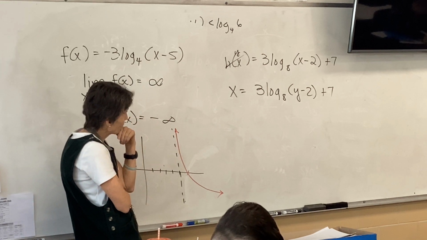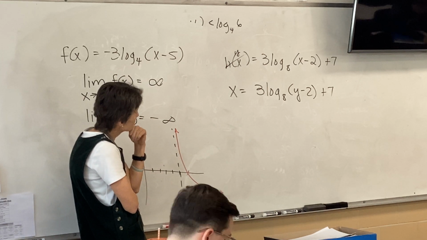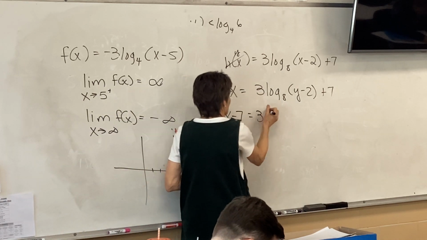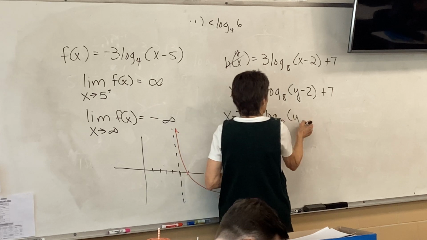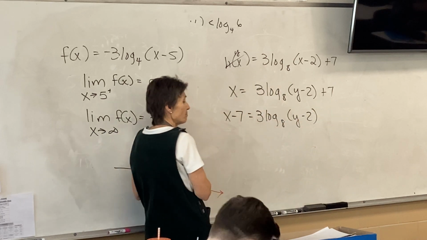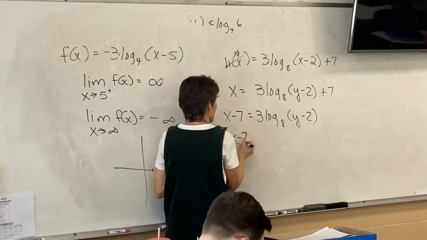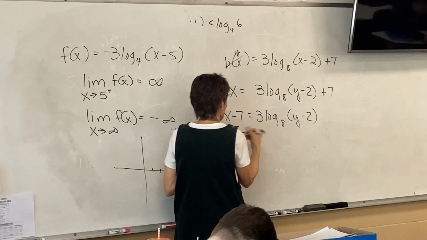Now, we got to solve for y. So what should we do? Subtract the 7. And then divide by 3, either individually or as a chunk. This one I'll do as a chunk.